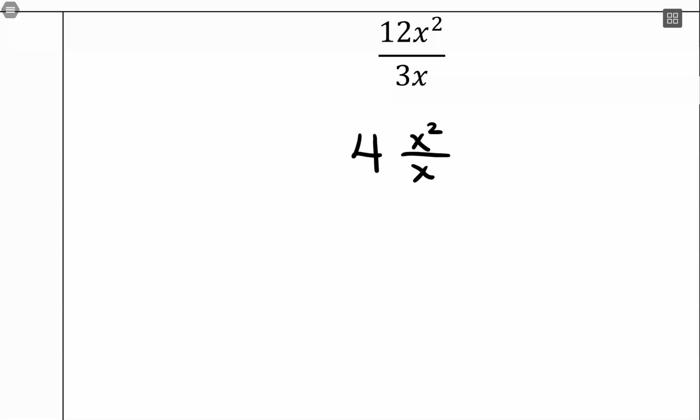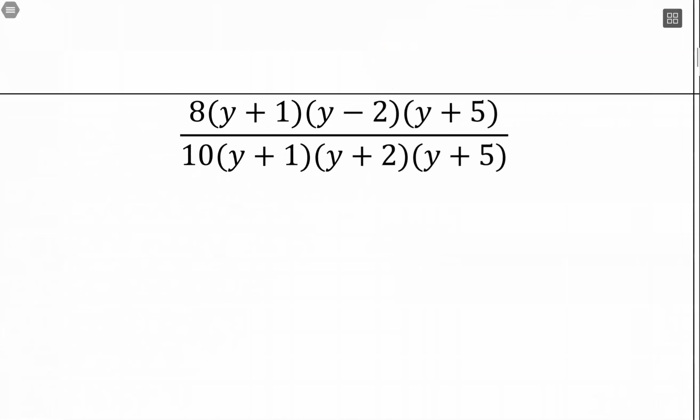Now for x squared over x, we can use our exponent rule of 2 minus 1. Really, we'll just have a single x left over in the numerator, so that's going to simplify to 4x. And we're done. We don't really need to worry about factoring there. We don't need to be cautious about what we can cancel and what we can't, because really this is just a big string of multiplication and division, which works really well together.